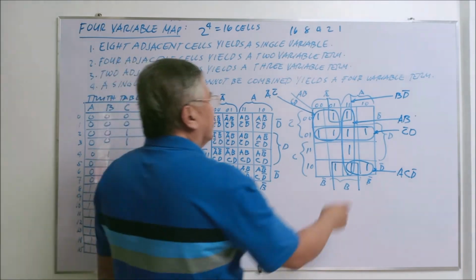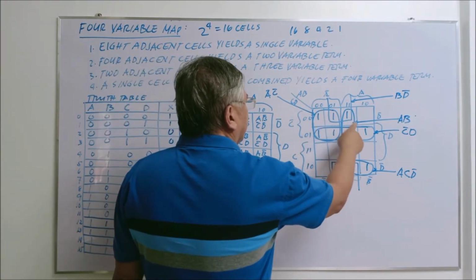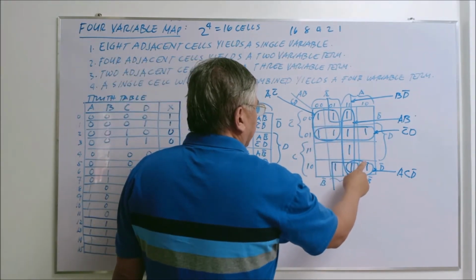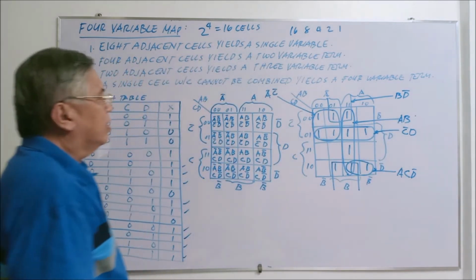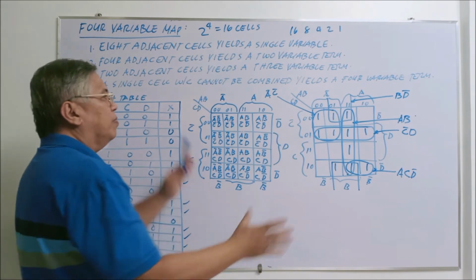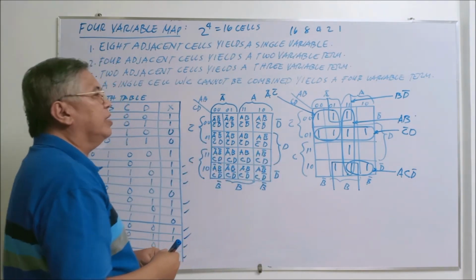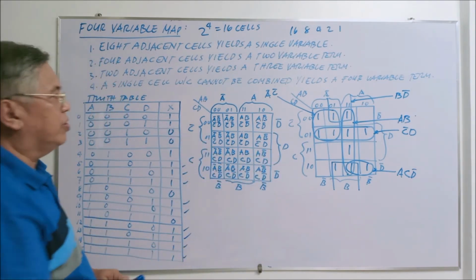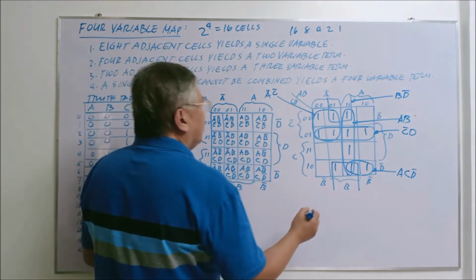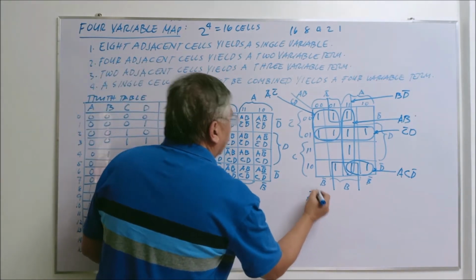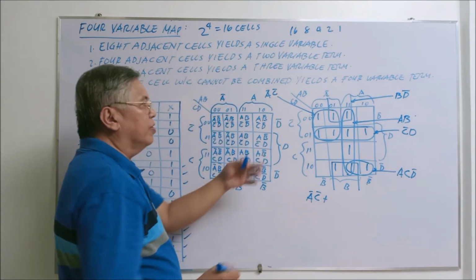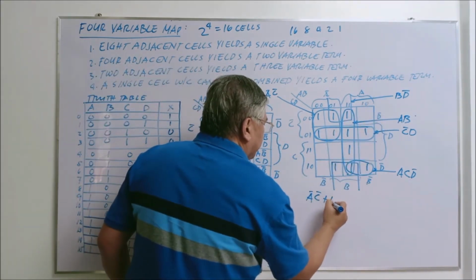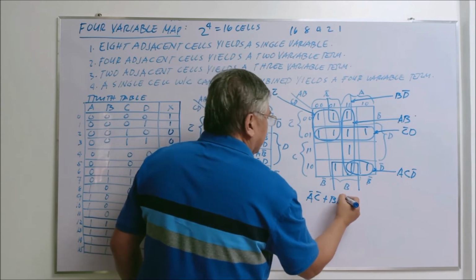So how many groups do we have? 1, 2, 3, 4, 5. So you have 5 equations. Then we put them together using the sum of product expression. So our equation will be A bar, C bar. Again, this can be in any order. Then you have B, D bar.